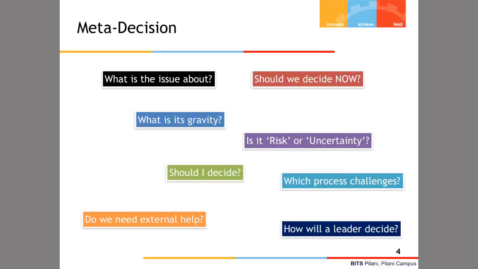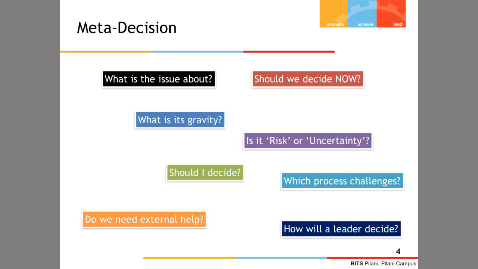Is this the right time to make a decision, or can we postpone it? Here, when we talk about postponement, we are not meaning procrastination. We may be postponing a decision for want of information, or we may be looking for some additional opportunities to emerge. So this is not the sunk cost, this is not the status quo bias, but this is a pragmatic way of delaying a decision.